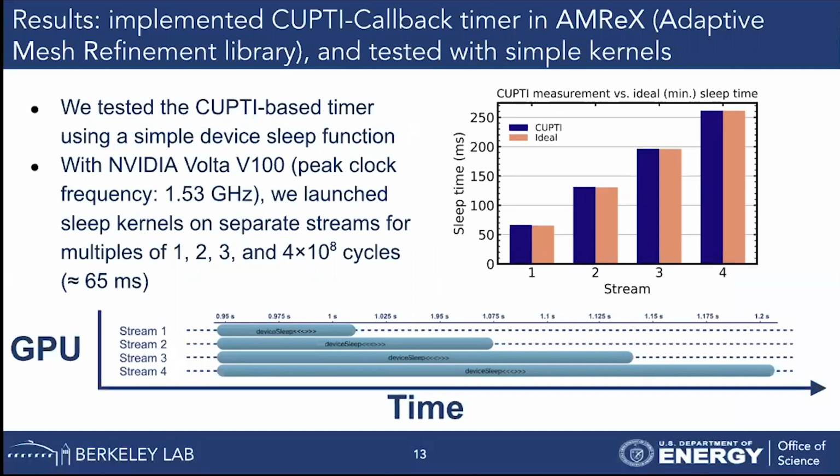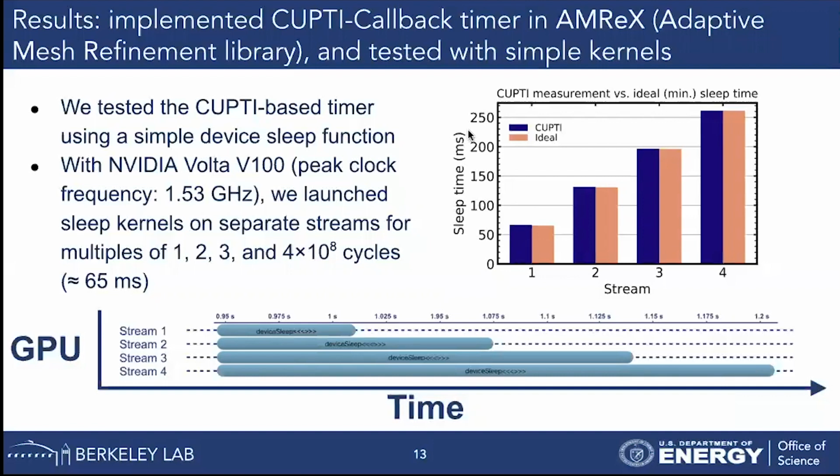Okay, so to test our implementation of this CUPTI-based callback timer, we tested a very simple function, just a sleep function, which essentially just instructs the device to sleep for a different number of cycles. So in this test, we're just requesting that on different streams, the device will sleep for multiples of 65 milliseconds.